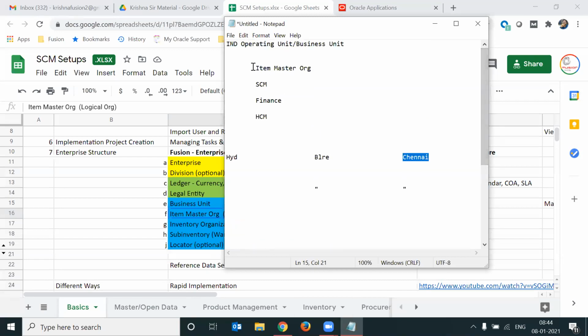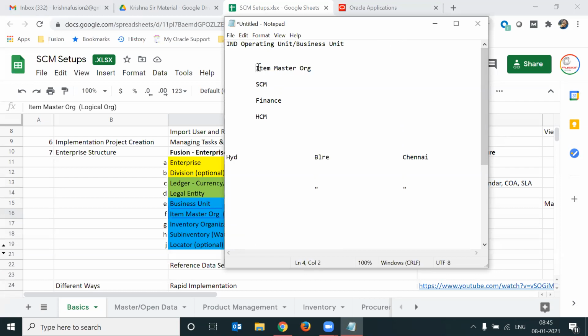So the item master organization is a logical organization which exists only in the system. It is not a physical location like our inventory organizations.